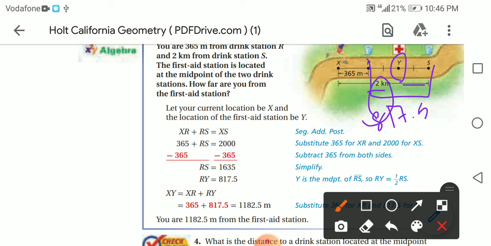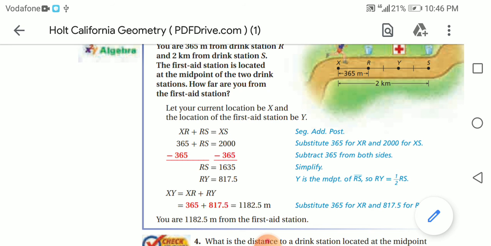Then I calculated what, my dear students? I calculated XY to the first aid station. Got it? Okay, everything is good.